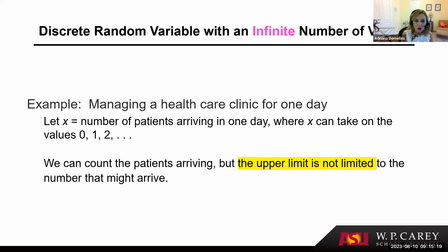Of course, we're not necessarily going to have an infinite number of patients arriving on that particular day, but we can count the patients arriving. However, the upper limit is not limited to the number that might arrive. So that's why we define that as an infinite number of values.